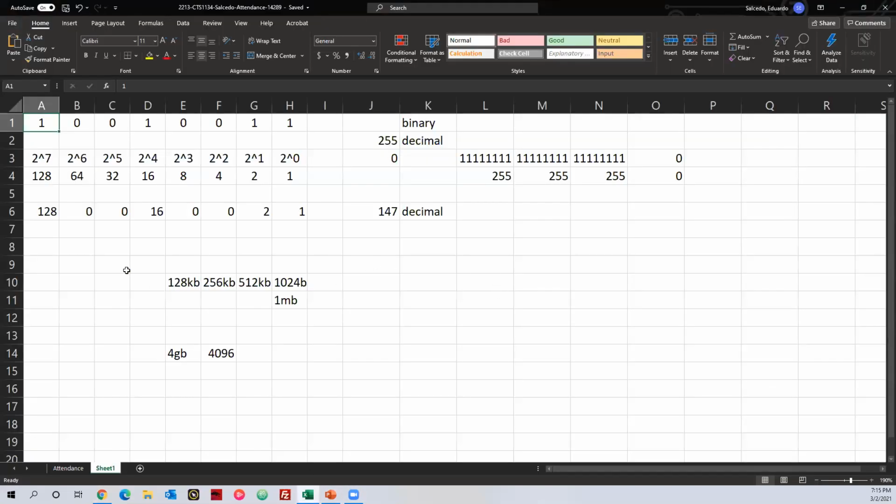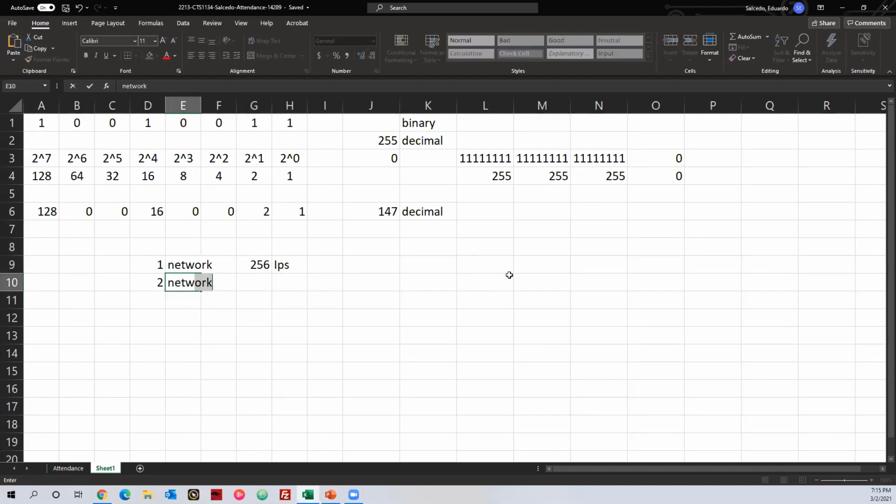Can you see the Excel thing again? All right. So one network is 256 IPs. 2 networks is 128, I mean, 2 subnets, 128 each, right?